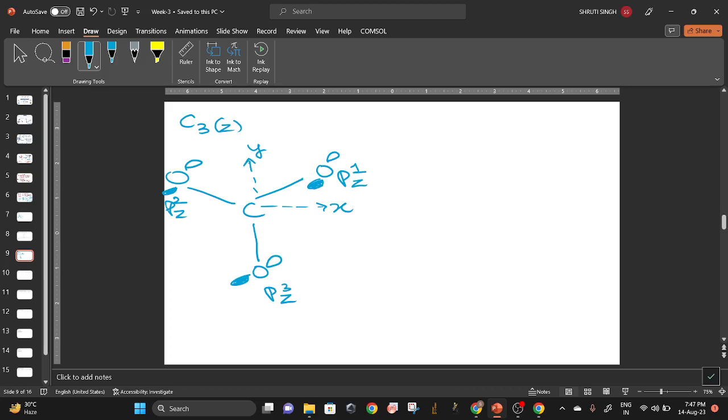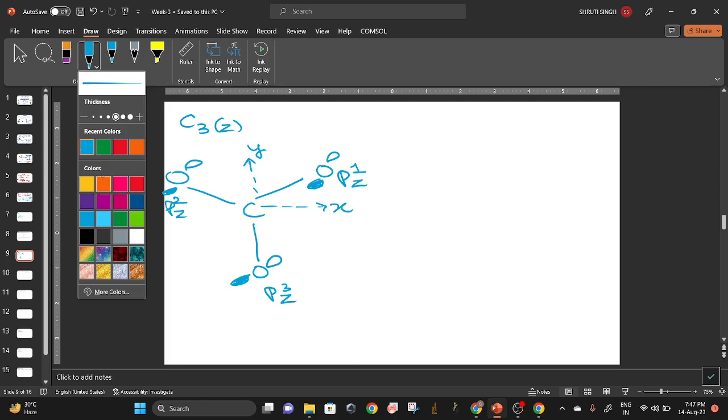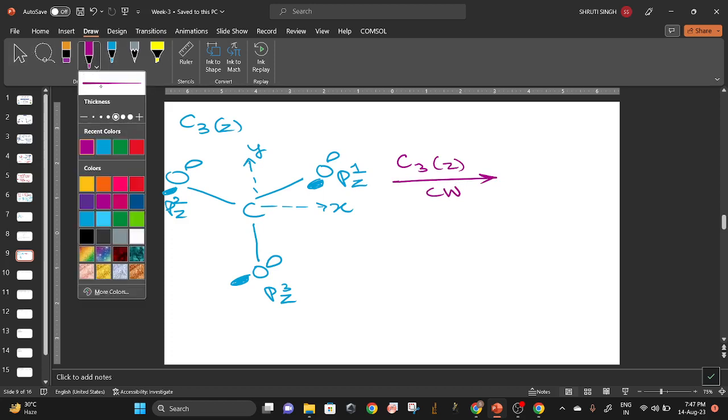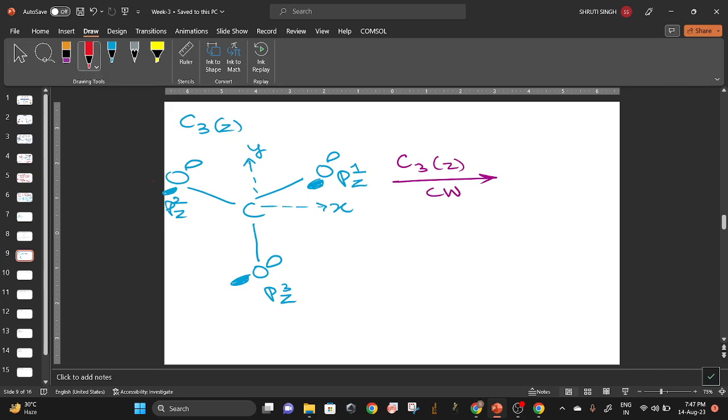Okay. Now we will do C3 clockwise. So how will things change? They will interchange position, ma'am. They will just change the position and lobes will not interchange.